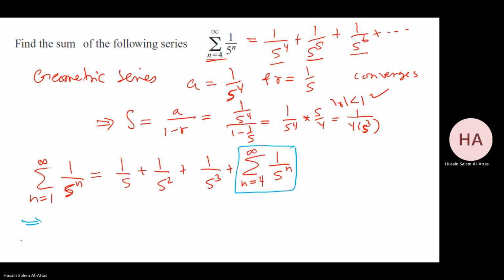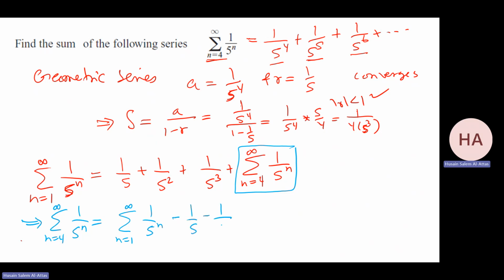This summation n equal 4 to infinity, 1 over 5 to the power n, will be the summation n equal 1 to infinity, 1 over 5 to the power n, minus 1 over 5 minus 1 over 5 squared minus 1 over 5 cubed.